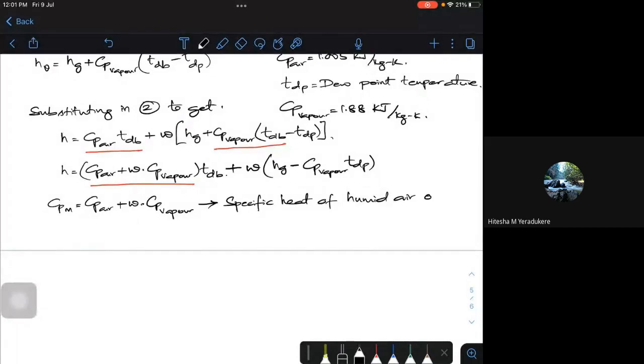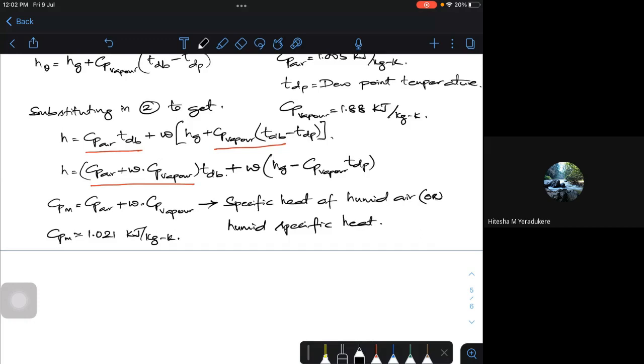Usually this CPM is of the order of 1.02 kilojoules per kg Kelvin. It is nothing but the capacity of measuring the moisture. And what is this Hg? It is the Hg at dry bulb temperature.